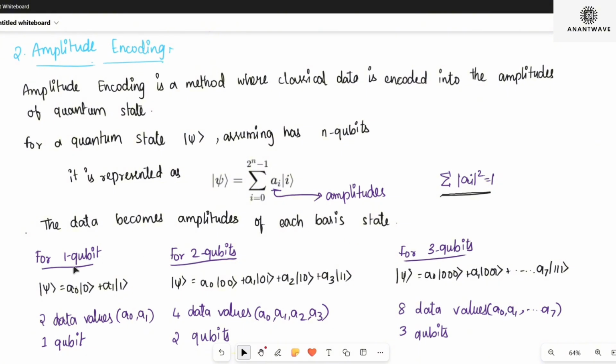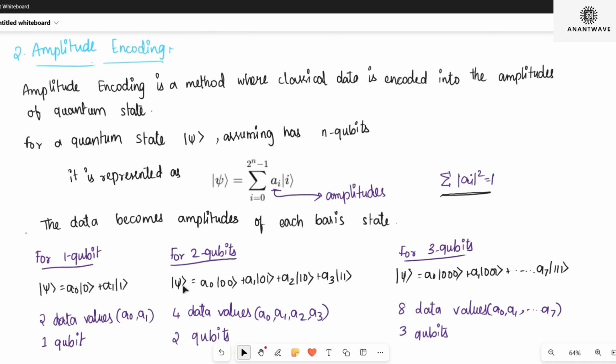Let's see for 1 qubit. The basis states are ket 0 and ket 1. So we can represent two data values, A0 and A1. So for two data values, we need 1 qubit. For 2 qubits, we'll have 4 basis states: 00, 01, 10 and 11. We can represent 4 data points as we have 4 basis states.